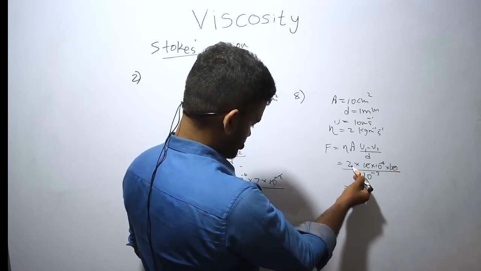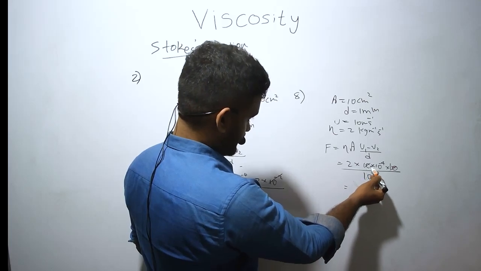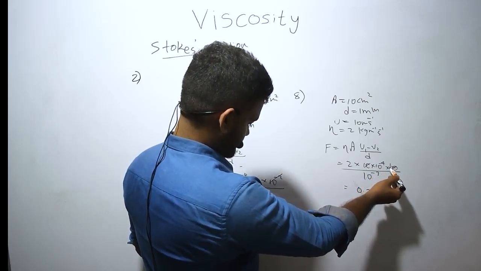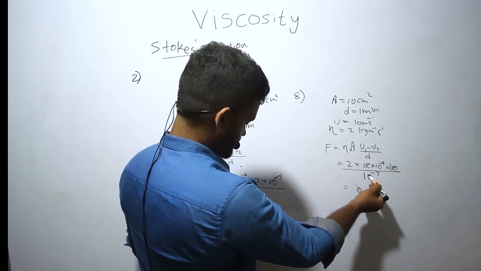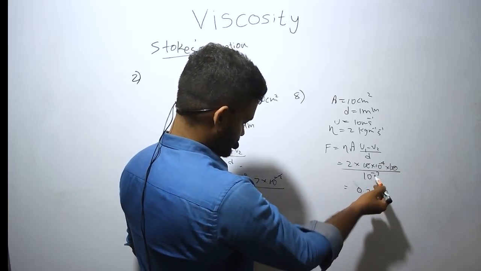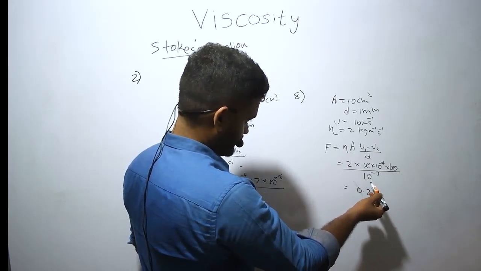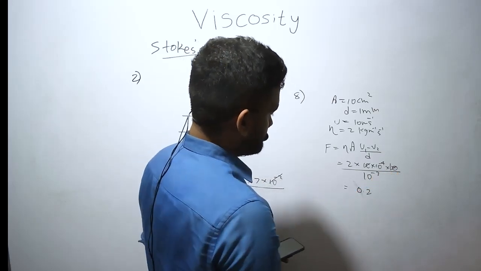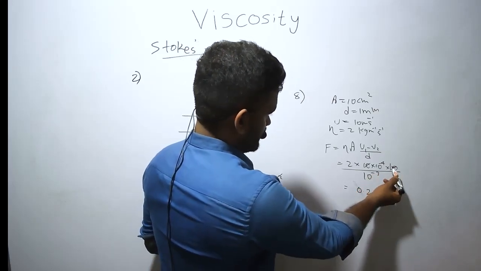Eta is 2, area is 10 minus 4, velocity 10 divided by 10 to the power minus 3, 1 millimeter. Minus 2.